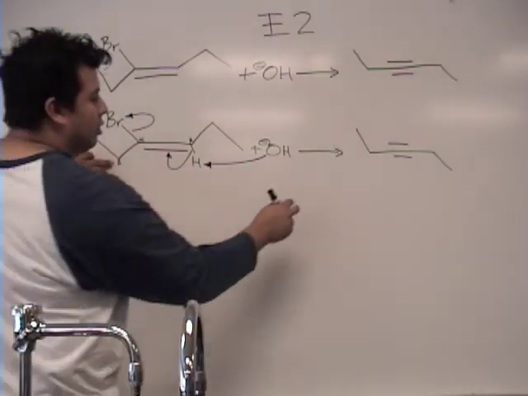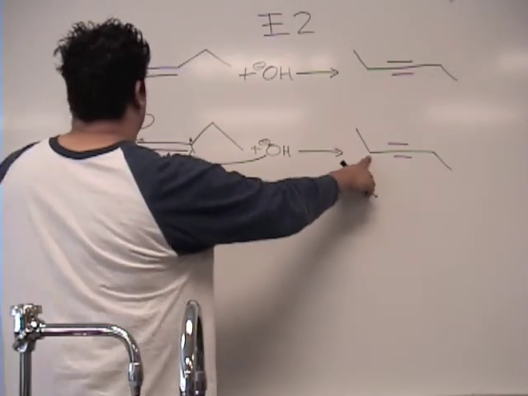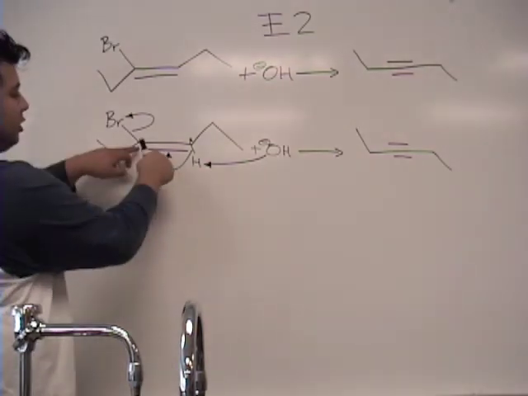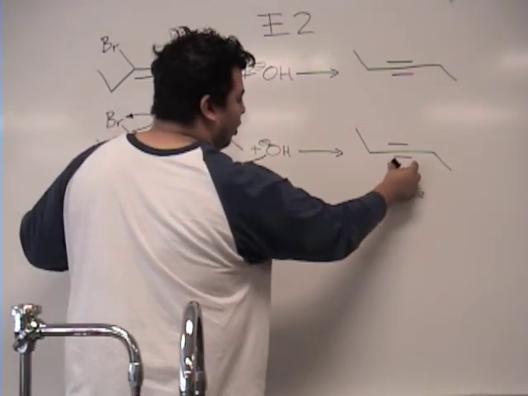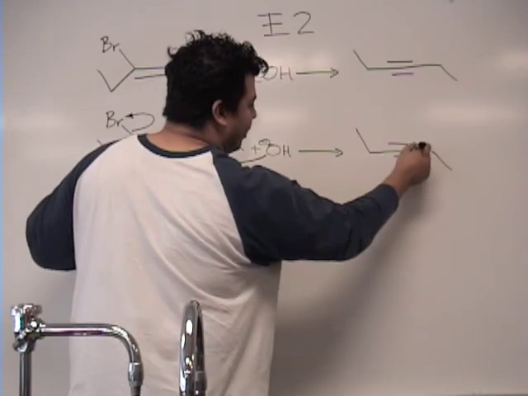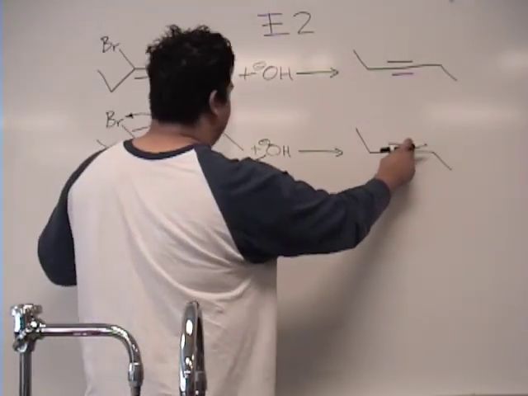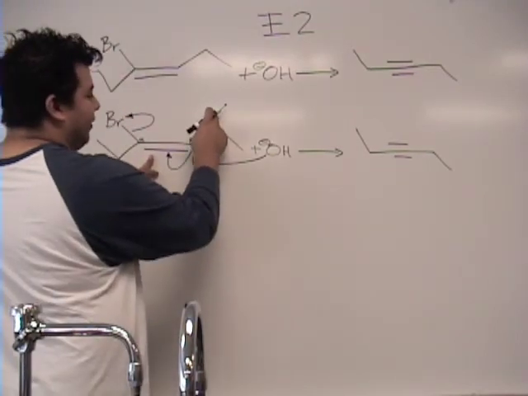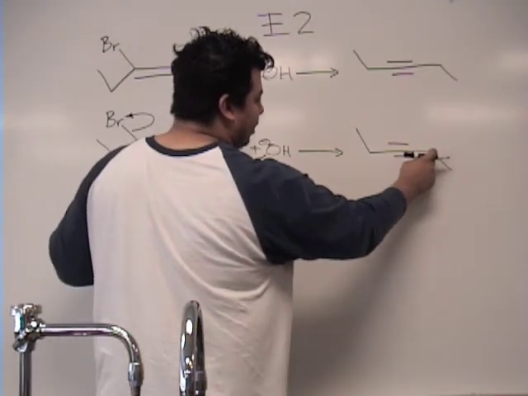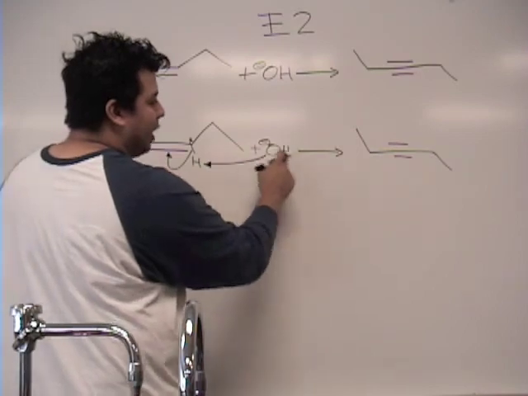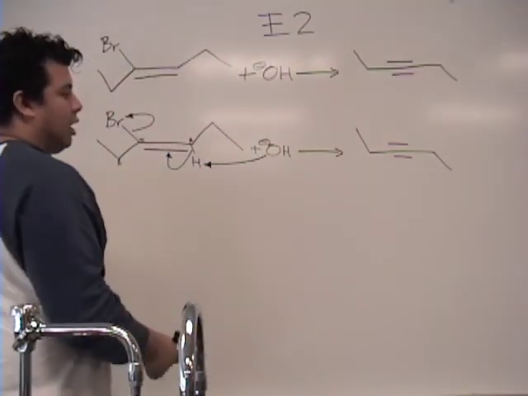This is our beta, which is this one. Then in here, instead of a double bond, you have now a triple bond. You got to think of carbons here. So this one is this one right here. Then you have this one on top, which is this one. And then you have the last one, which is that.